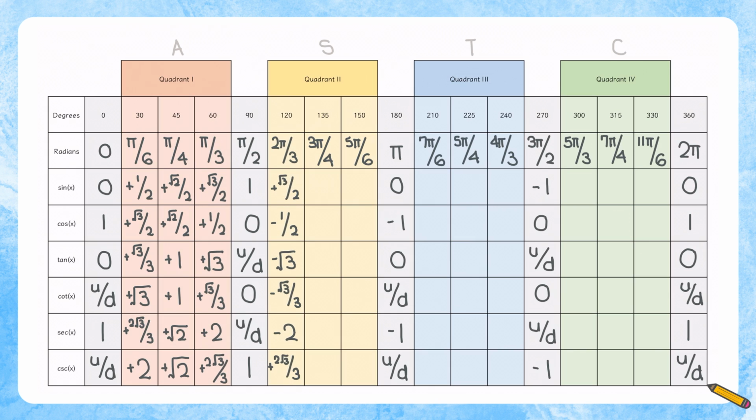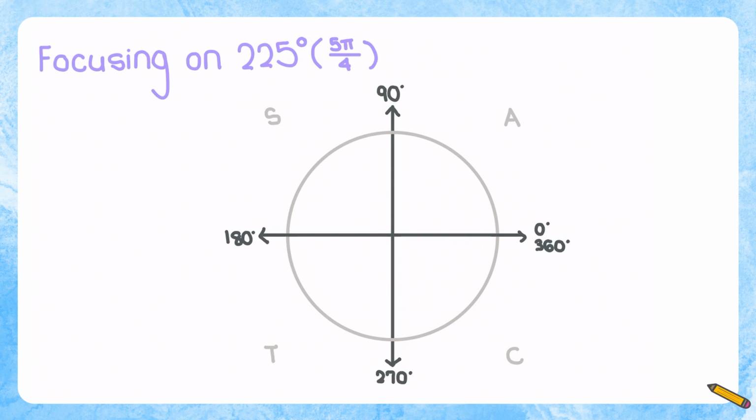Let's move on to 225 degrees, which lies in quadrant 3. So 225 degrees is going to be in quadrant 3, right here. And so I'll create my reference triangle in this quadrant.